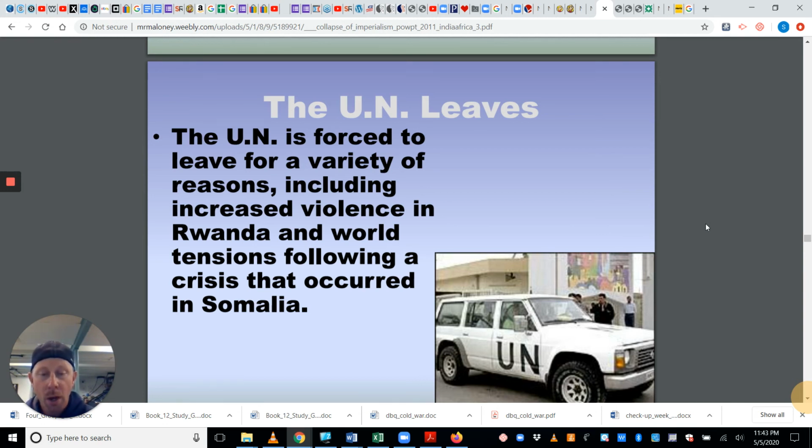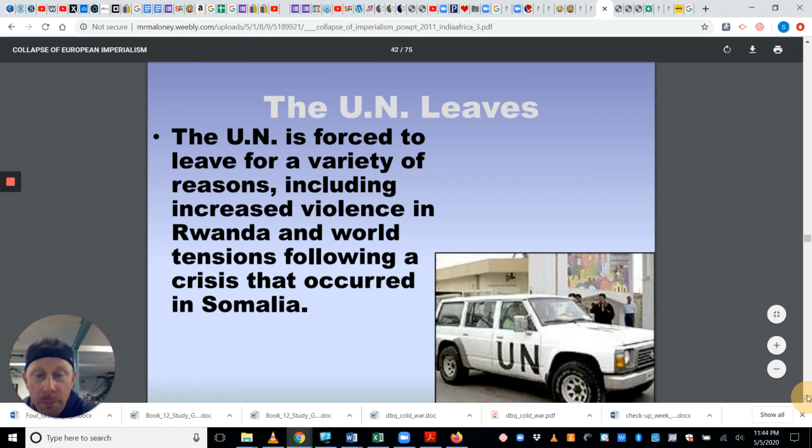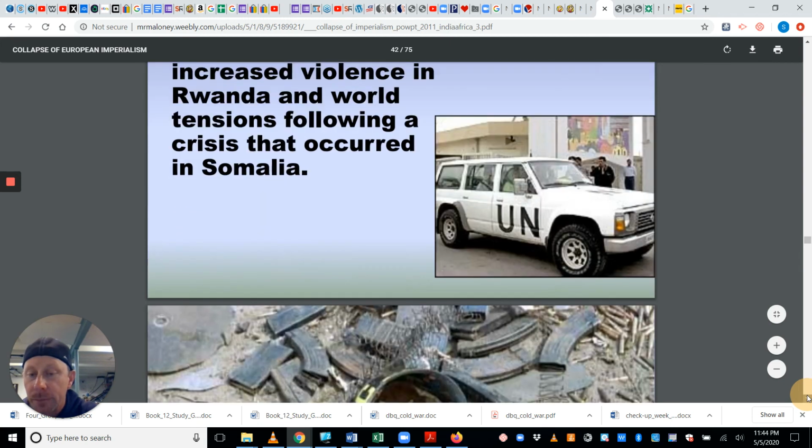We had gone into Somalia to try to stop some Somalian rebels from hurting people there and committing a genocide. And in doing so, they had weapons. They shot down one of our helicopters. They killed some American military people and almost brought us into a war there. So the UN noticed this, and they didn't want this to happen here in Rwanda as well. So that led people to leaving here.